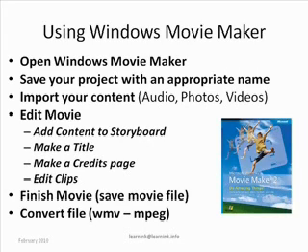Once you've got yourself all planned and you take off, you do all your recording, both video and audio, collect all your resources, you pull them all together, you bring them into Windows Movie Maker, save your project with an appropriate name, learn to import all the contents, and then start editing.